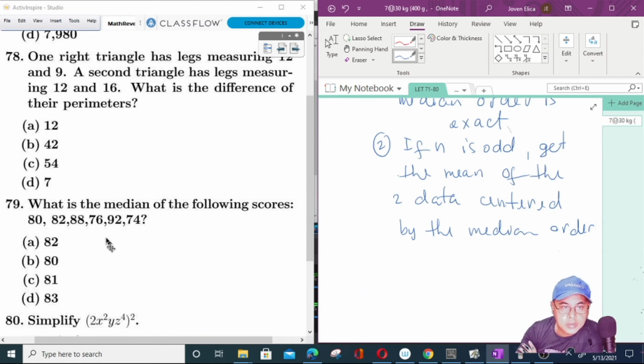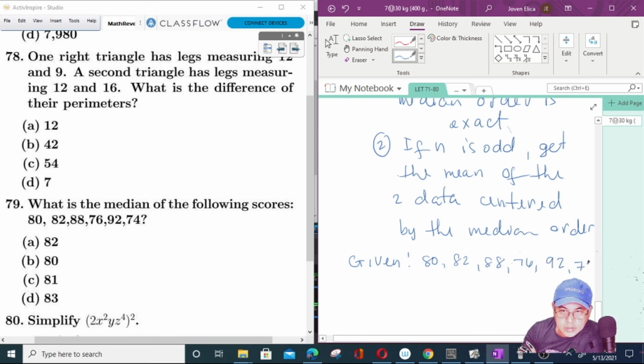Now from the given, these are the given: 80, 82, 88, 76, 92, and 74.